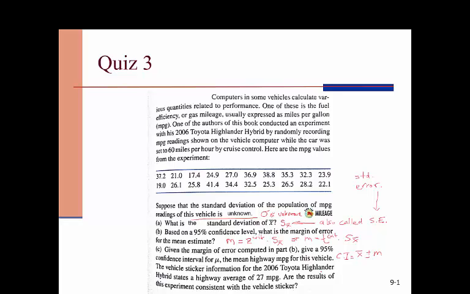Then based on that, you make a conclusion whether the results of this experiment are consistent with the claim that mu is equal to 27 miles per gallon. Is that claim correct, or is that wrong based on this confidence interval?